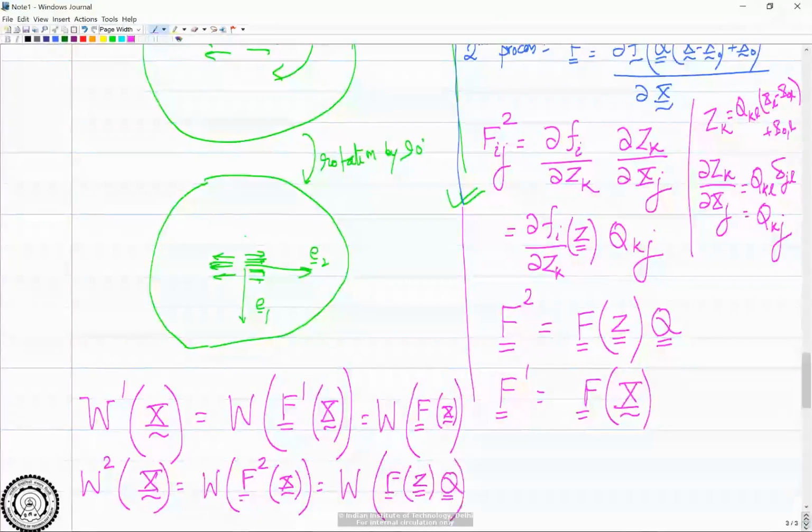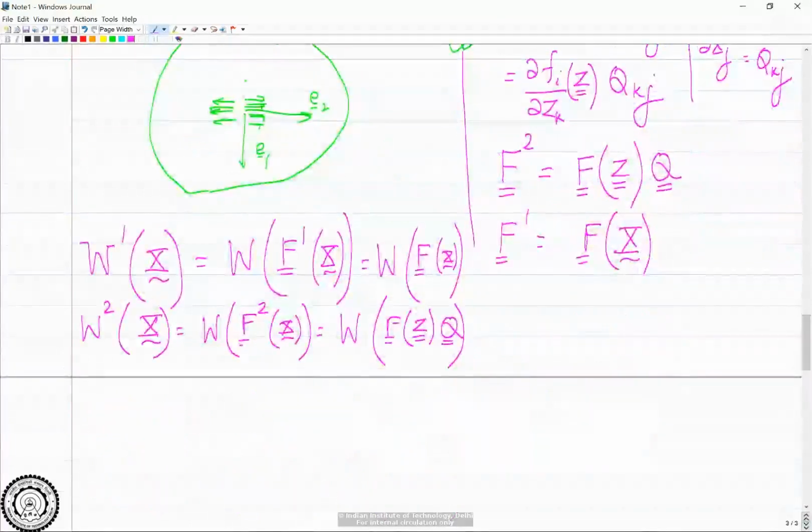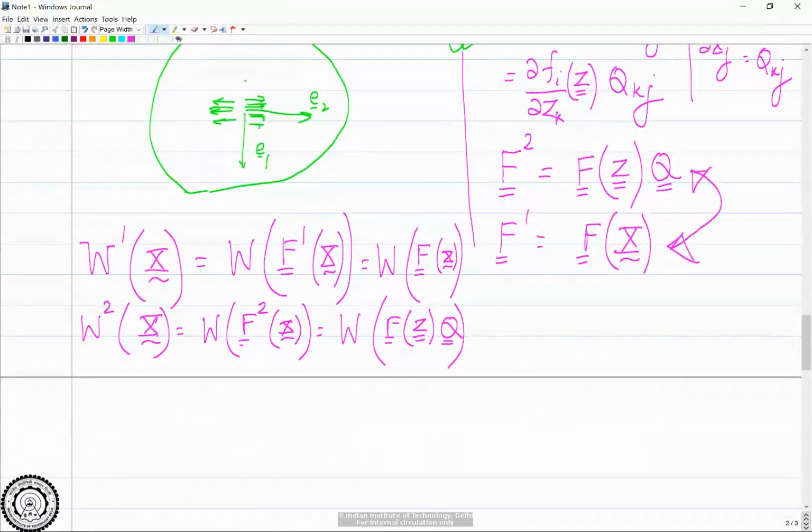So you can see that if you look at different points in the body, the deformation gradients which get induced are completely different in the two cases. You can see that at the same point you have two different deformation gradients. It is not just the difference of q, there is also a difference in the argument here.